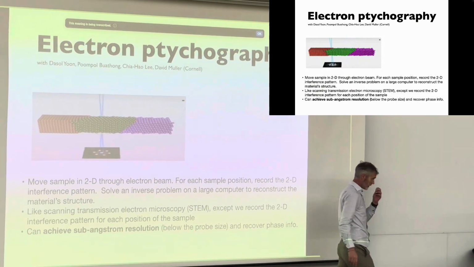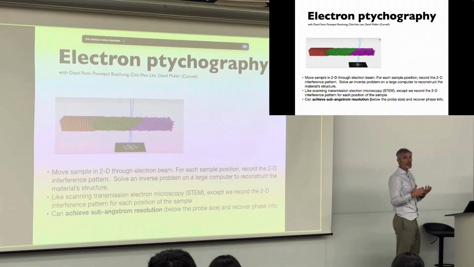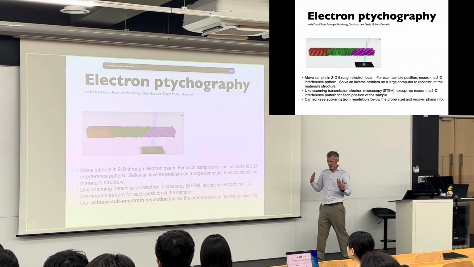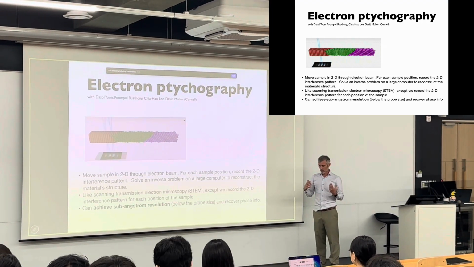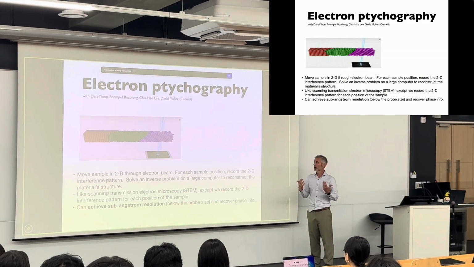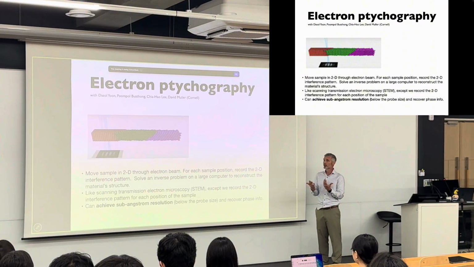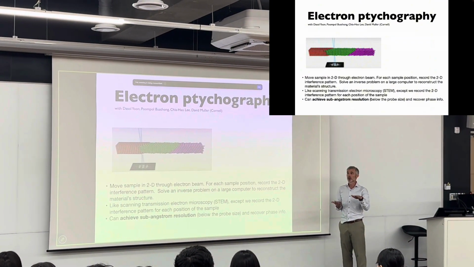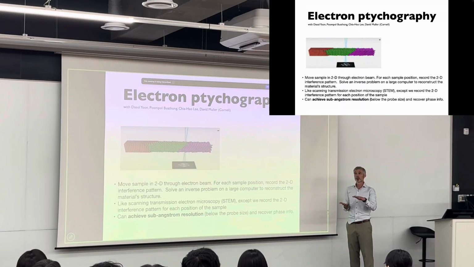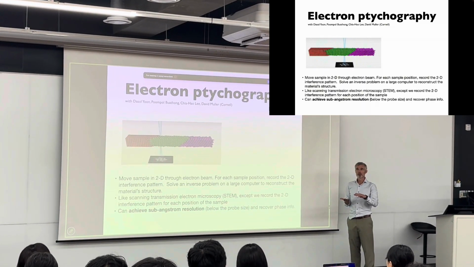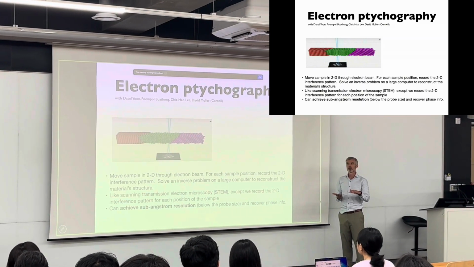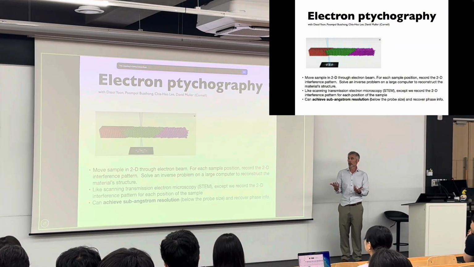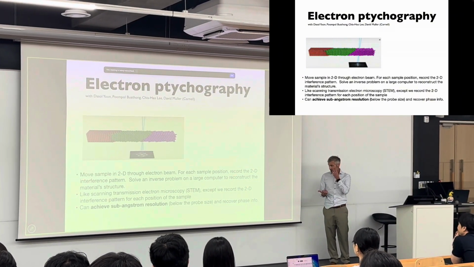They then solve a large inverse problem using PyTorch on a GPU to figure out which arrangement of atoms allows the diffraction patterns that are observed to match the diffraction patterns that are predicted by the physics corresponding to a proposed arrangement of atoms in the material.